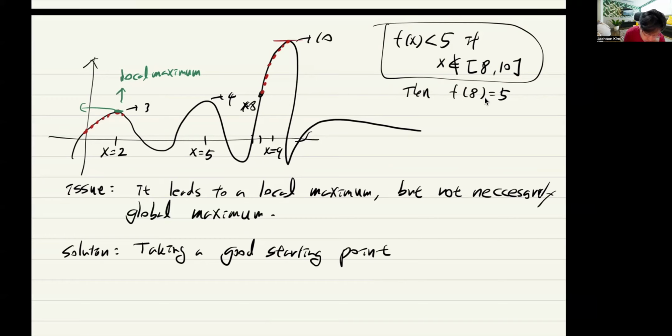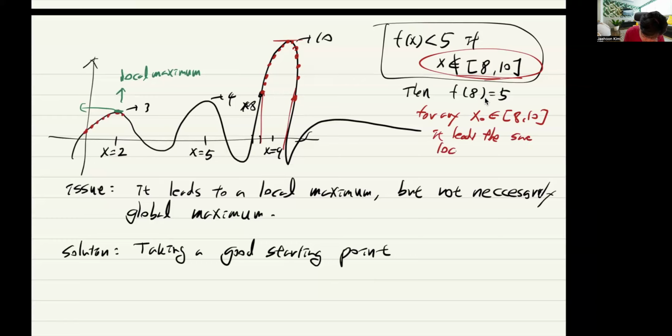So assuming you start from arbitrary points in here, if you show that no matter which starting point x0 in here you start from, it leads to the same local maximum, then the local maximum is a global maximum.